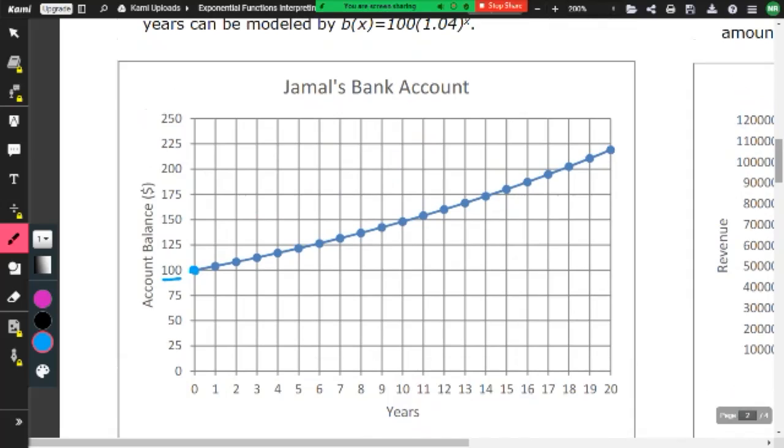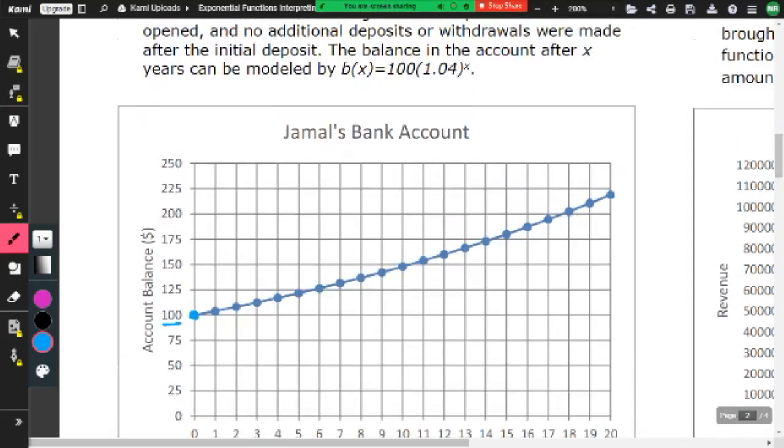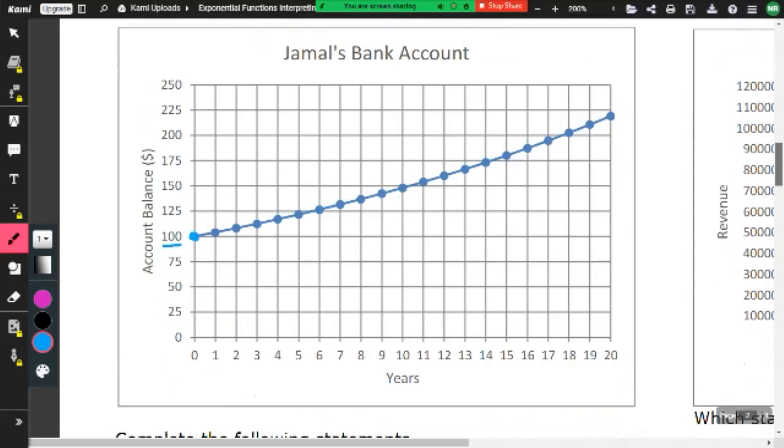We haven't done any calculations. Where do you see it on the equation? Right in front of the parentheses, right after the equal sign. There's my initial value. Mark that down. If you cannot find it on the graph, you should be able to find it in the equation. They will give you the information one way or another, okay?